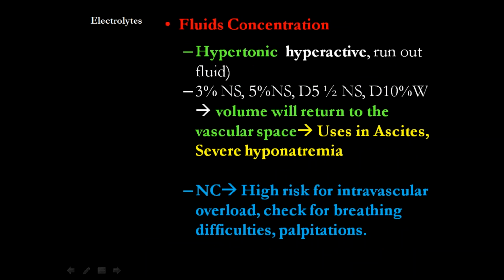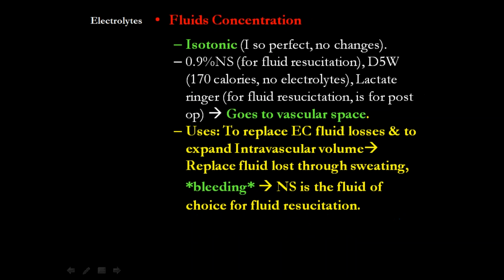Okay, hypertonic. The hypertonic solution that you're giving into the blood is going to shrink the cells, taking water from the cells out into the circulatory system. That is going to be used for ascites and severe hyponatremia.